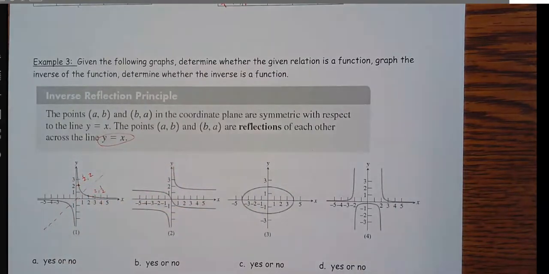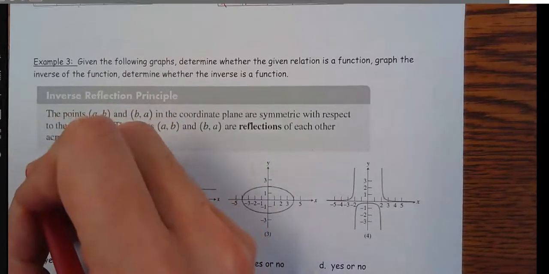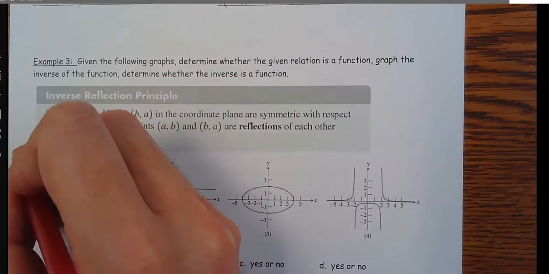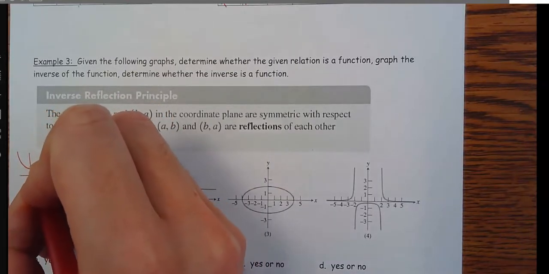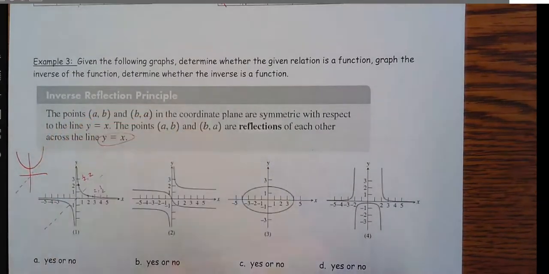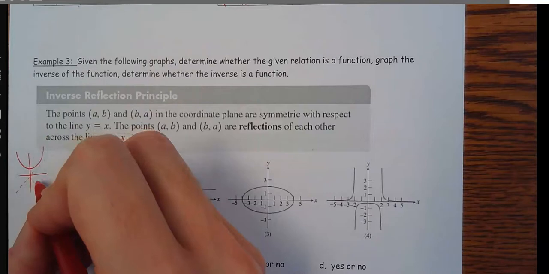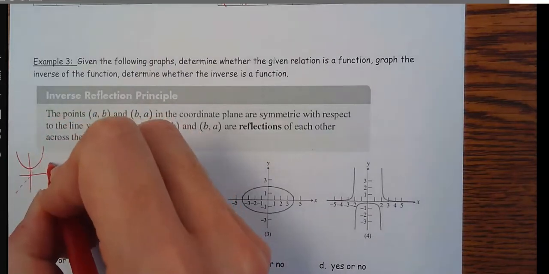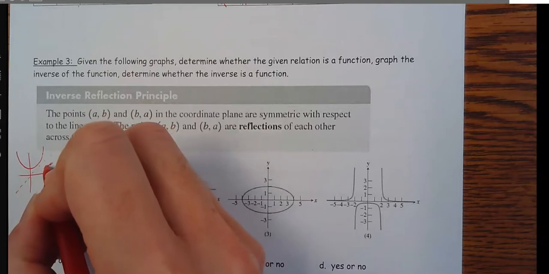Maybe an easier example, I don't know if this is super easy, but say a parabola, like this. If I were to reflect it about this line right here, take all these points and flip them across, and remember they're the same distance from it, it's going to look something like this.